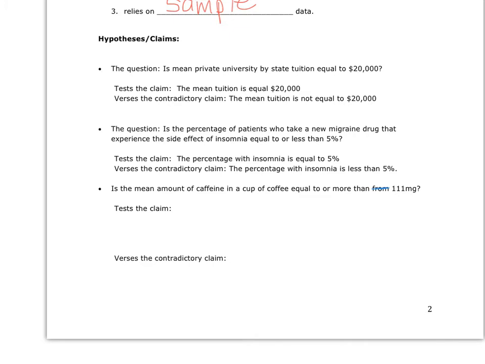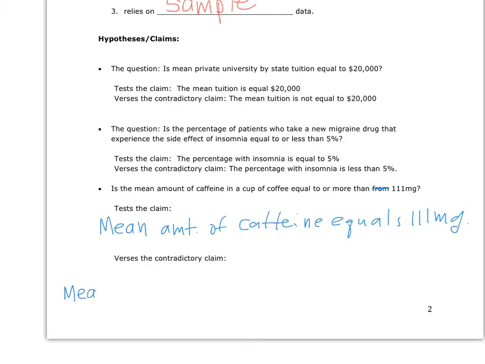So that tests the claim that the mean amount of caffeine is equal to 111 milligrams, versus the contradictory claim that the mean amount of caffeine is more than 111.